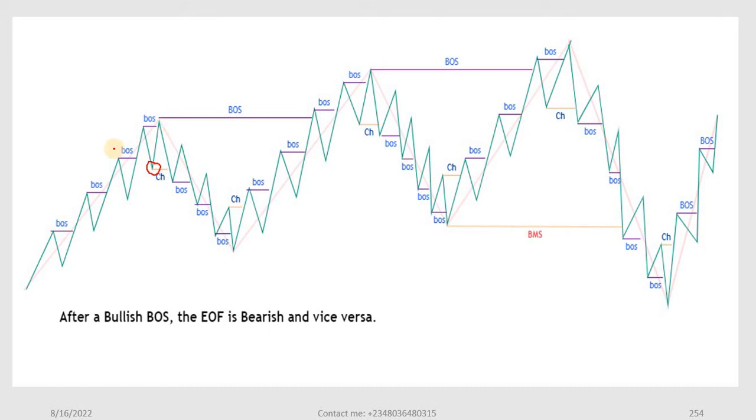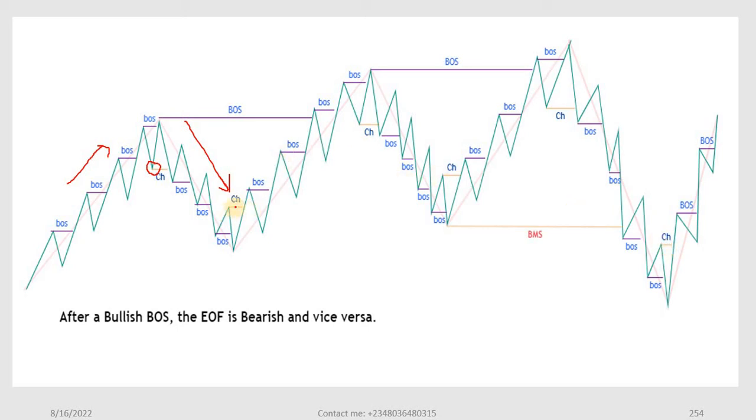So we expect a change of this internal structure from bullish to bearish, and we can start identifying them. So we have a change of this bearish structure to bullish structure by this change of character. Look at this lower high broken here, we have another change of character, and so on and so forth. You start seeing them on the chart.